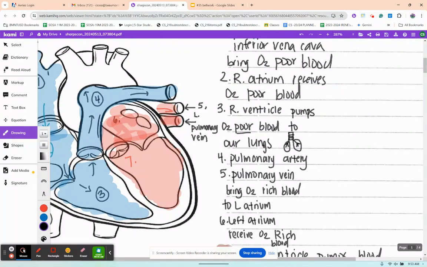All right. So our left ventricle is going to pump our blood to the rest of the body. So that blood is going to get transported through our aorta. So number 8.